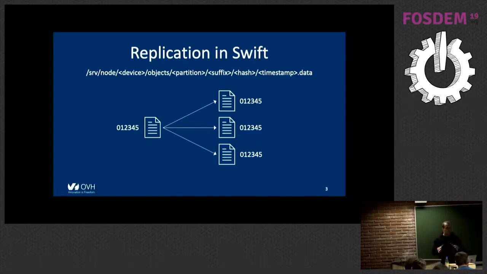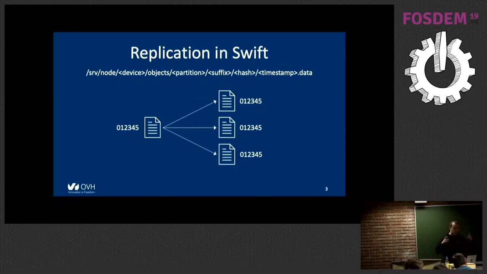Swift stores objects as files in an XFS file system. XFS is the recommended file system, though it can work with some others. The first part is a mount point, so it's all under SRV node and the device. After that, the file name is based on the timestamp, which is the time when you uploaded the object. After that, you have a hash, which is kind of an ID of the object.